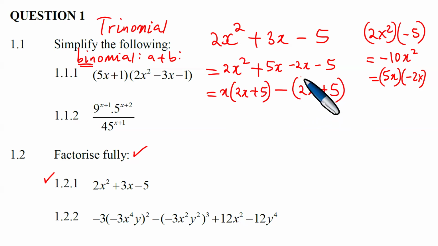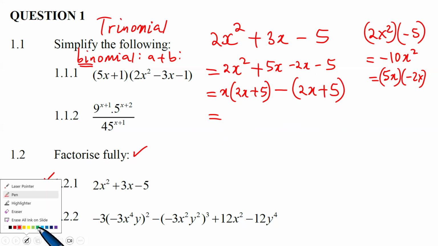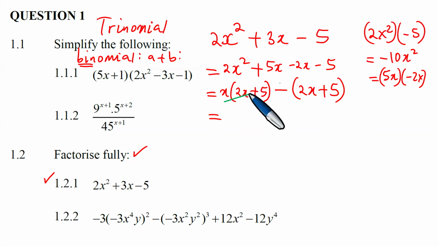The next thing is we take out the highest common factor. But there is a negative, we factor it out. And then if you factor out the negative, we're left with 2x and a 5. And then the next thing is what the grade 9s are being taught, because you guys went through grade 9 and the teachers might not have taught you this. You cross this out because it's common. You cross everything that's common.